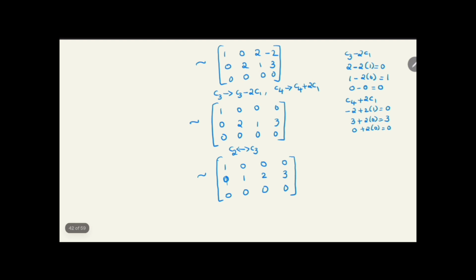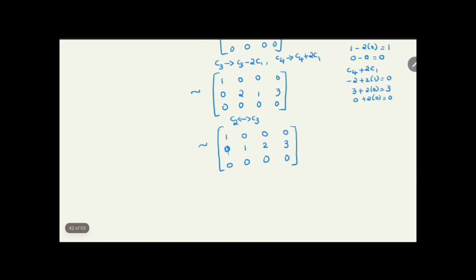For that I will perform the operations: C3 implies C3 minus 2C2, and C4 implies C4 minus 3C2. Clear, students?